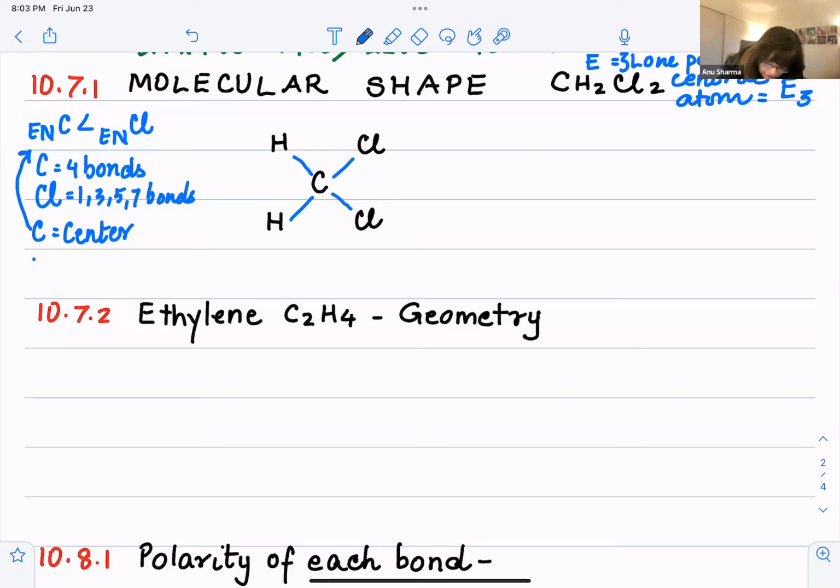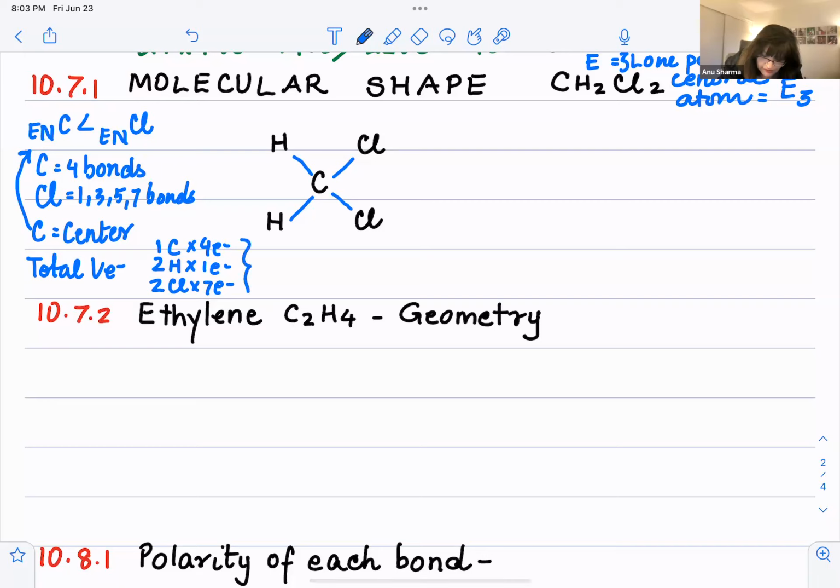Oh, I forgot, total valence electrons. We have one carbon, 2 hydrogens, and 2 chlorines. Carbon is bringing 4 electrons, hydrogen is bringing 1 electron, chlorine is bringing 7 electrons.